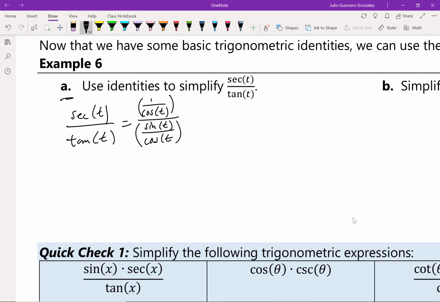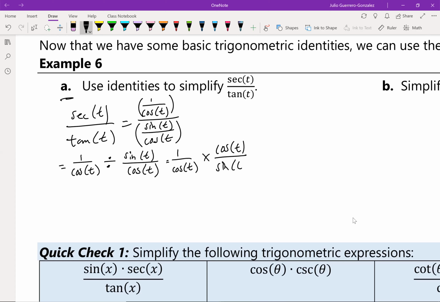So now we have 1 over cosine of t divided by sine of t over cosine of t. To do the division of fractions, I flip the second one and make it a multiplication: 1 over cosine of t times cosine of t over sine of t.